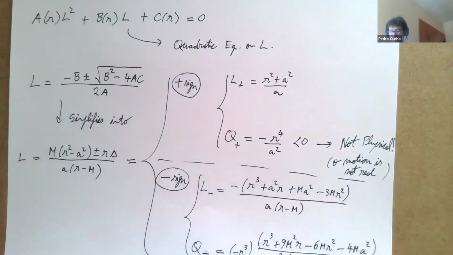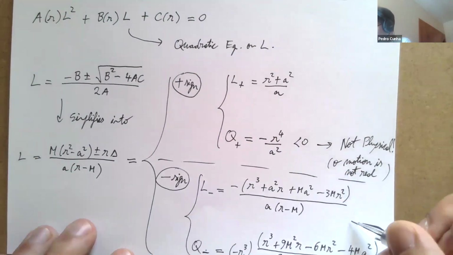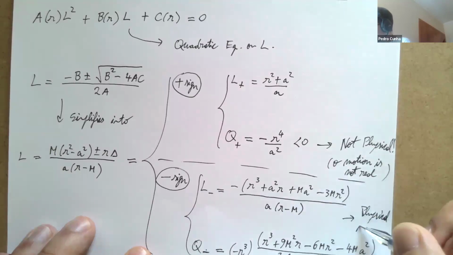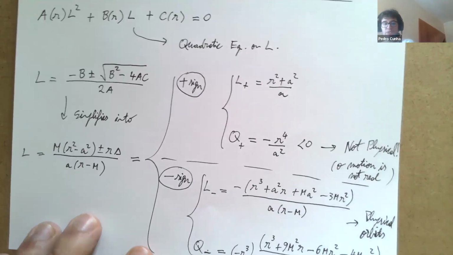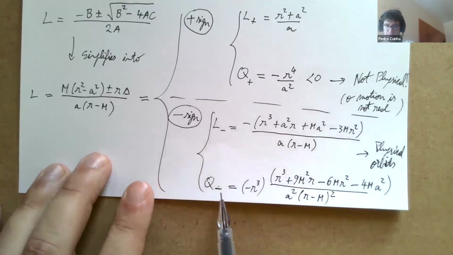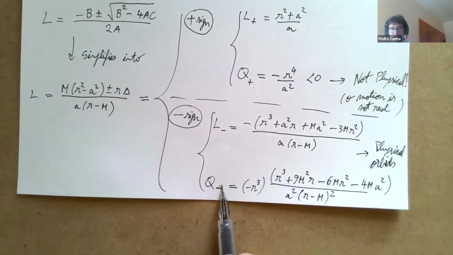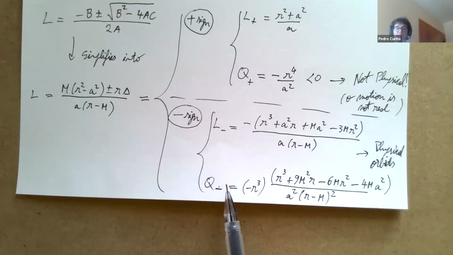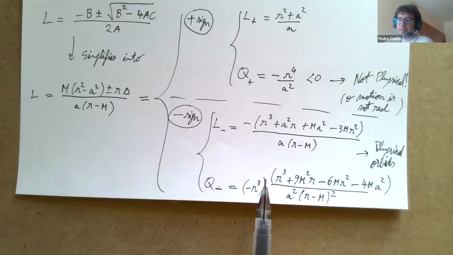Okay, so these are going to be the physical orbits, at least a subset, because the capital Q here must also be positive. So there will be a range on the radial coordinate for which the Carter constant will be positive or equal to 0, it cannot be negative. So these will define the photon region.